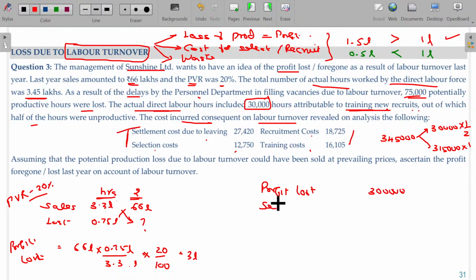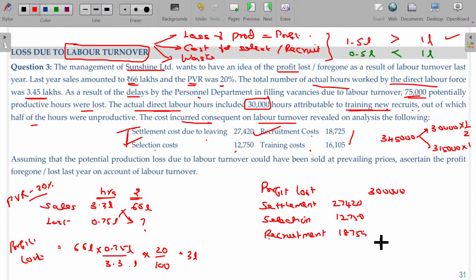Settlement cost because of leaving: the employees are leaving us, so immediately make the payment of 27,420 towards retirement benefits and the like. And then we need to select a new team. Selection cost 12,750, and we have to place them in proper jobs: recruitment cost 18,725.